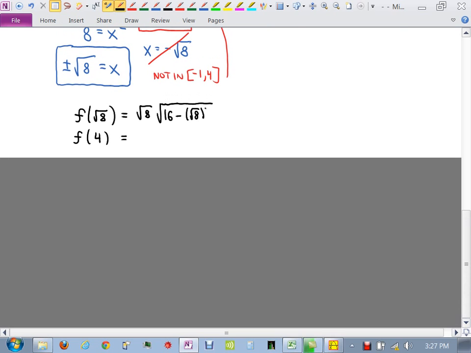Just 8, right? So we get square root of 8 times square root of 8 again, right? Because 16 minus 8 is 8. Root 8 times root 8 should be 8.